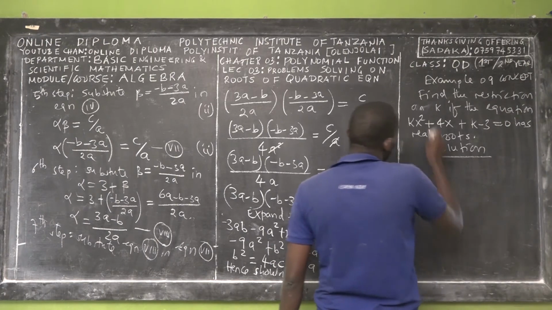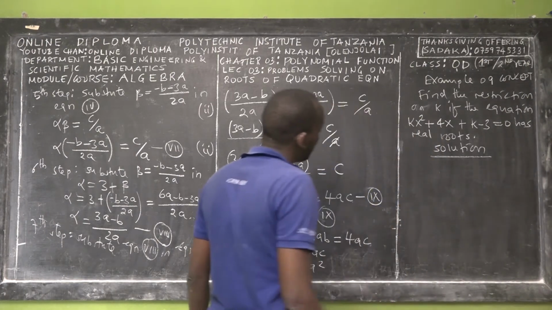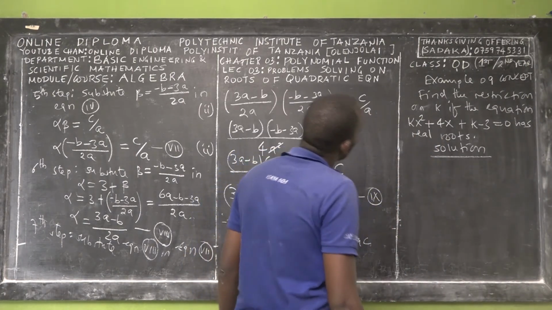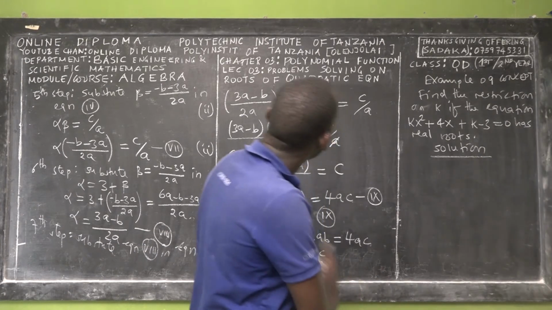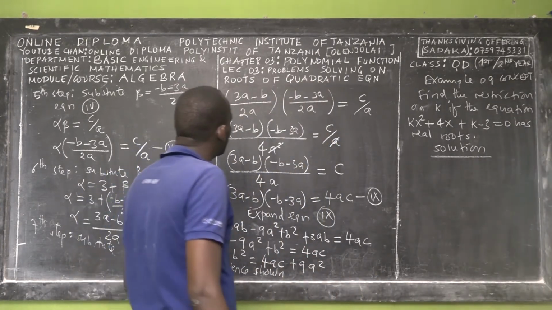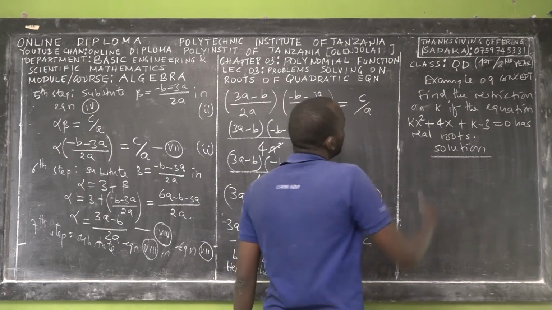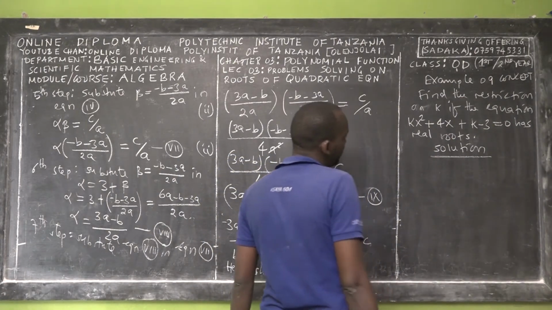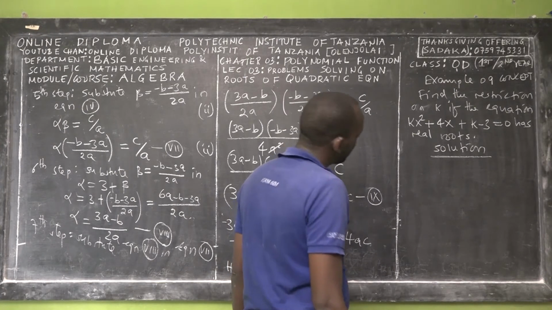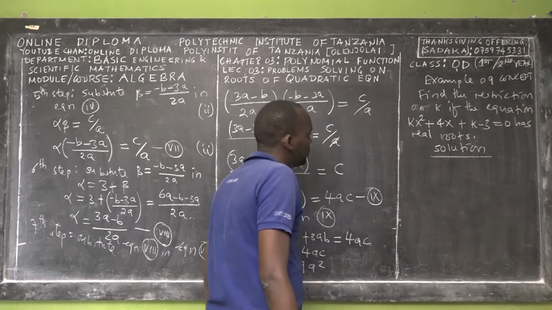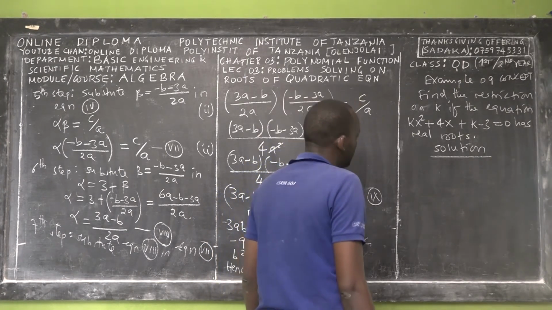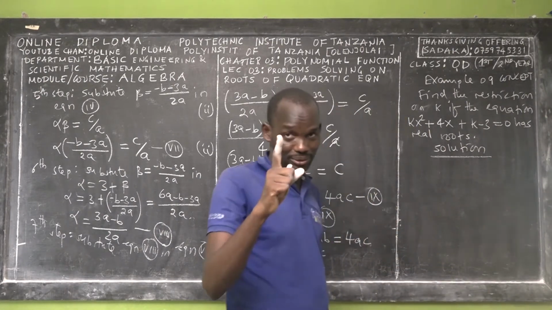Solution, then I'll give you the homework, example 10 and example 11. Find the restrictions on k, in the subtopic of roots of quadratic equations. Find the restrictions on k if the equation kx squared plus 4x plus k minus 3 is equal to 0 has real roots.